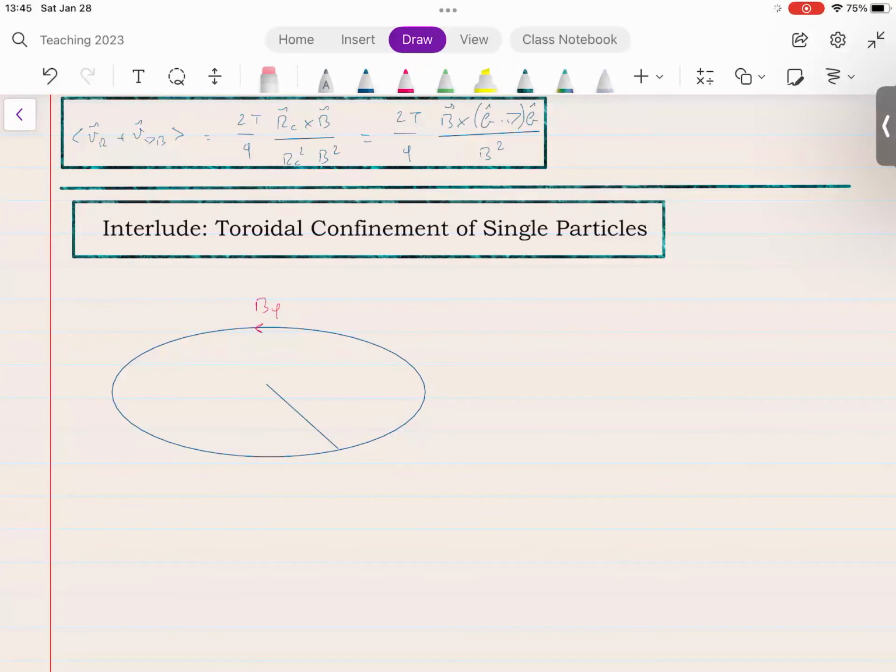This, by the way, is a circle. The idea here is that we're looking at it from above, from a certain angle, and that's why it looks like an ellipse. So this angle is phi.